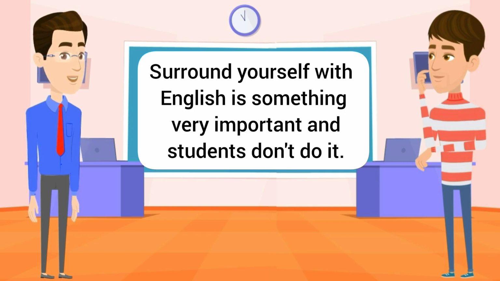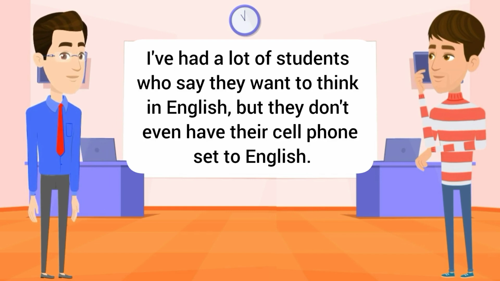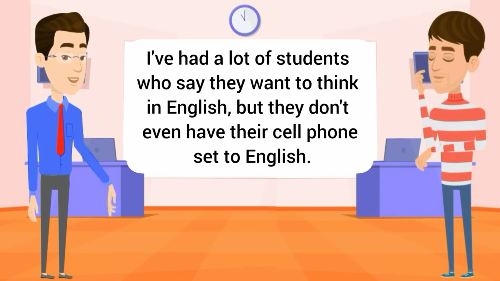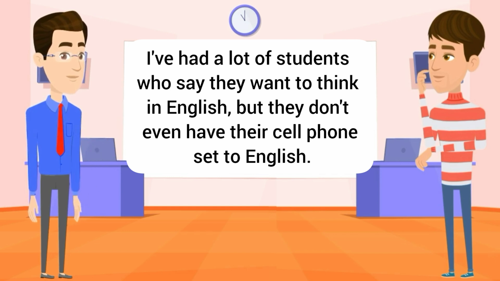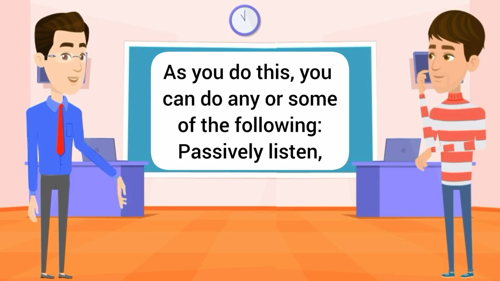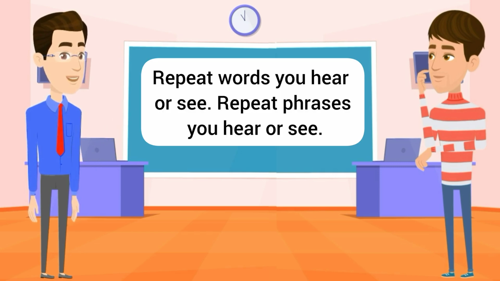Surrounding yourself with English is something very important and students don't do it. I've had a lot of students who say they want to think in English, but they don't even have their cell phone set to English. As you do this, you can do any or some of the following. Passively listen. Repeat words you hear or see.